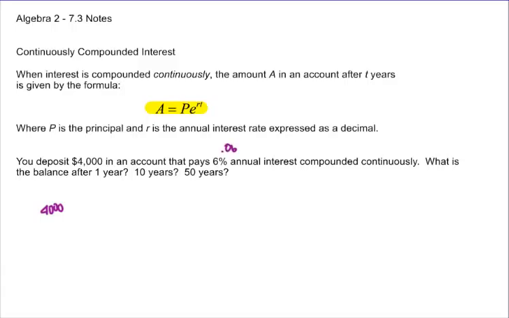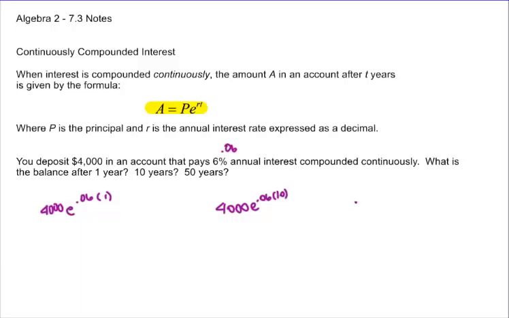okay, so I've got $4,000 times e to the 0.06. What is the balance after 1 year? So times 1. What is the balance after 10 years? So 4,000e to the 0.06 times 10.